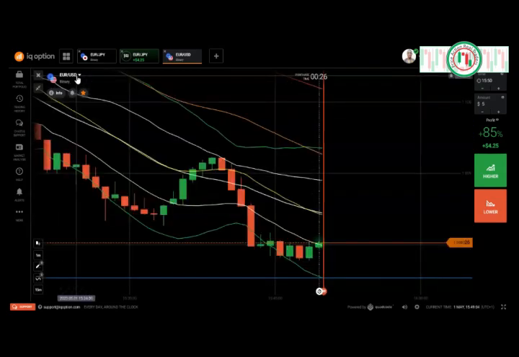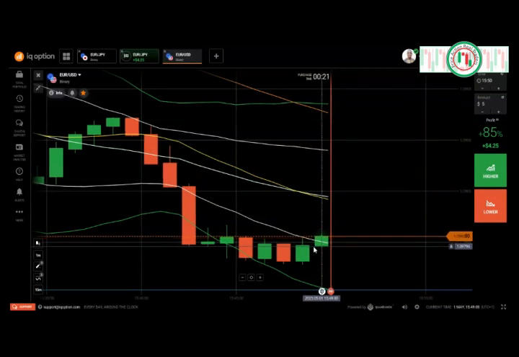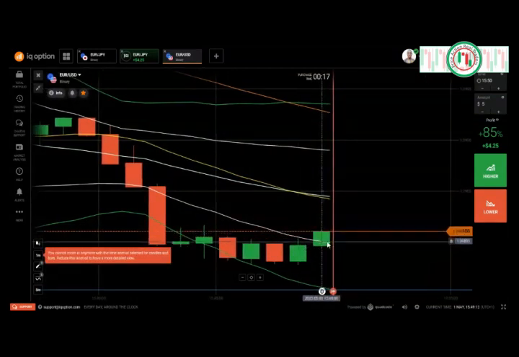So there is no good opportunity, so let's wait for here. Let's see the reaction of this candle.